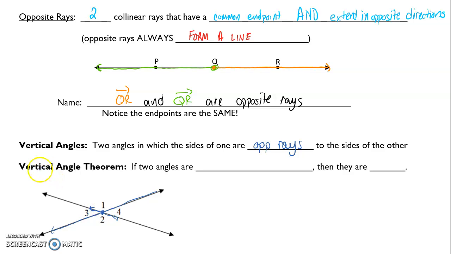And the vertical angle theorem states that if two angles are vertical angles, then they are congruent. Now, we can assume straight angles from a diagram, therefore we can assume vertical angles from a diagram. But we have to first state that we have vertical angles before we can apply this theorem saying that they are congruent.